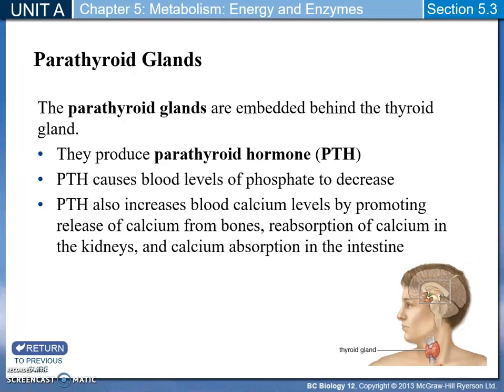PTH causes blood levels of phosphate to decrease, and PTH also increases blood calcium levels by promoting the release of calcium from bones, the reabsorption of calcium in the kidneys, and calcium absorption in the intestine.